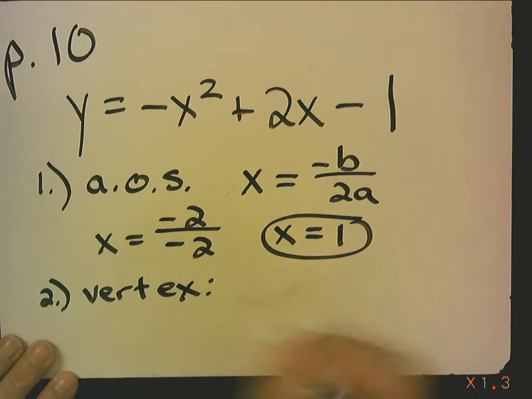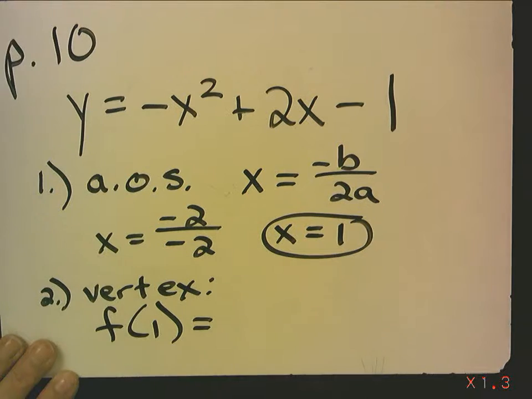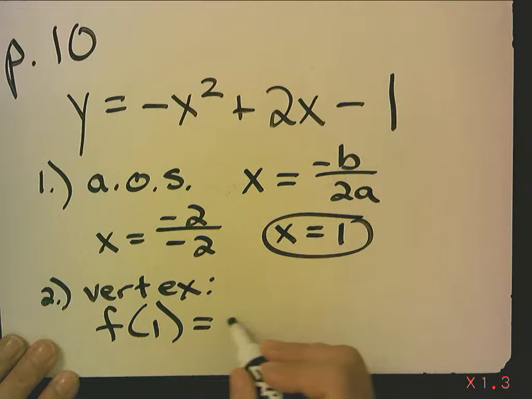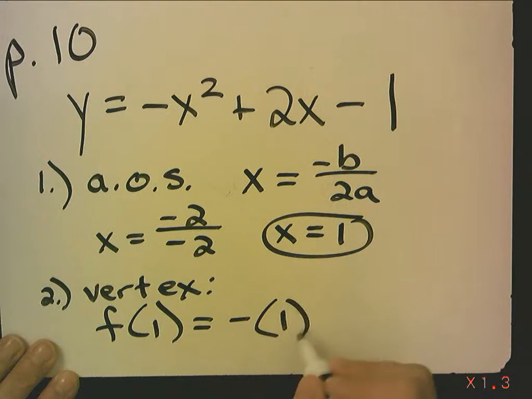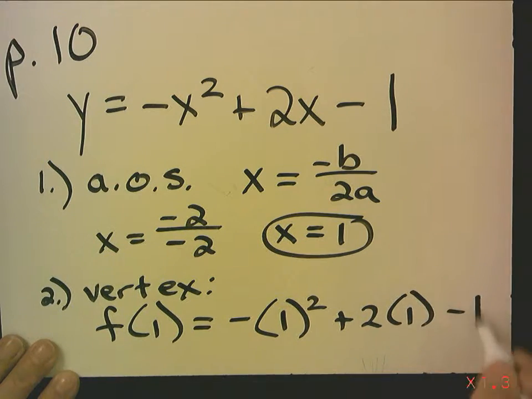And we find the vertex by plugging in, let x equal 1 into our function. So f of 1 equals negative 1 squared plus 2 times 1 minus 1.